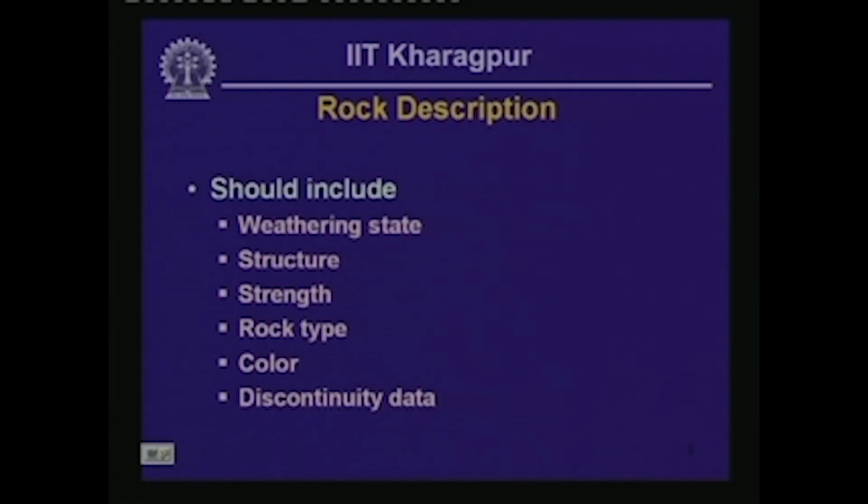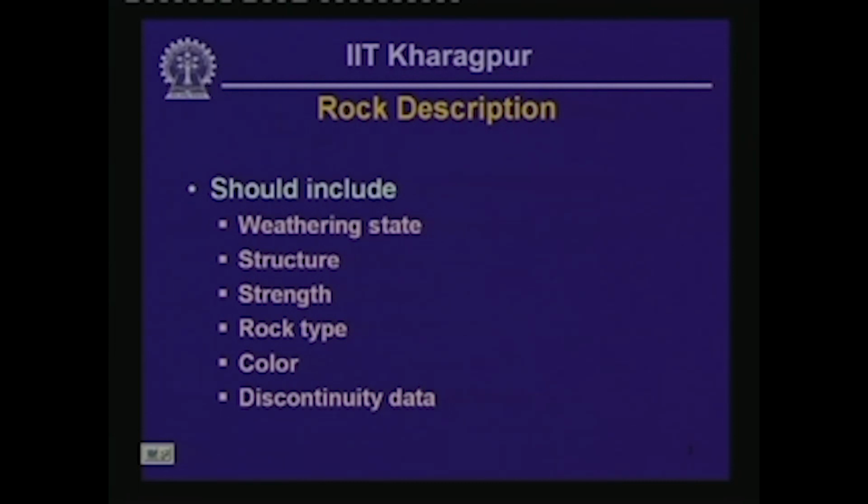Okay, so we begin with the unfinished part of the last lesson. So we finished the description process for soil samples, field description of soil samples, and now we are going to get into the field description of rock samples. Now field description of rock samples should include the state of weathering, how weathered a sample is, and we are going to give systematic categories of all these aspects. Then we are going to describe the structure of a rock sample.